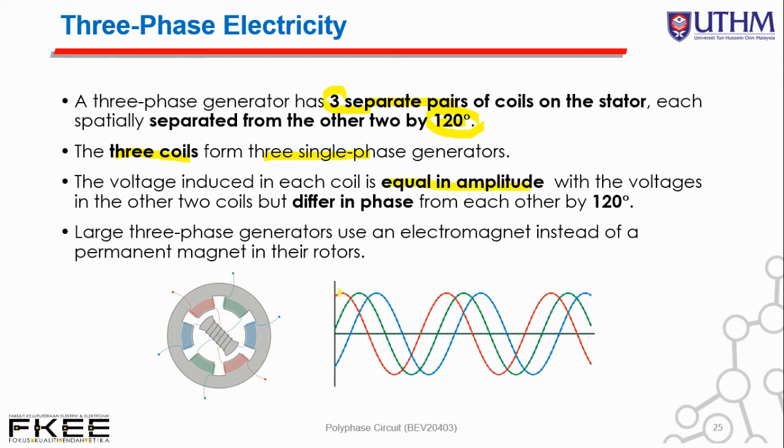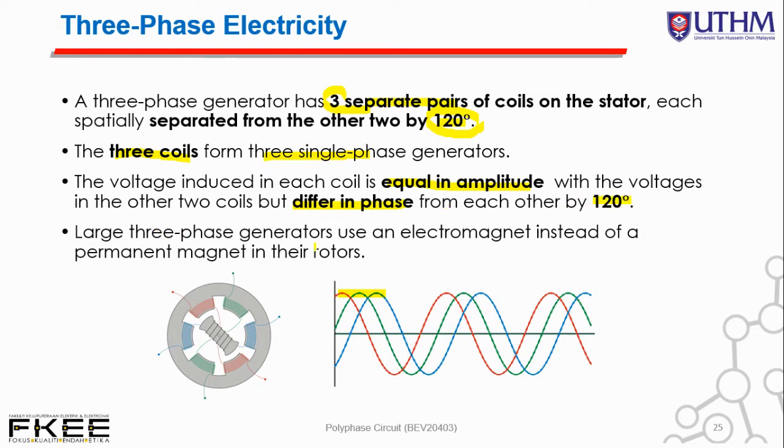So you can see the peaks, they are all equal. All right. But it differs in phase from the voltage in the other 2 coils by 120 degrees. This means from red to green, and then green to blue, they differ in phase by 120 degrees.